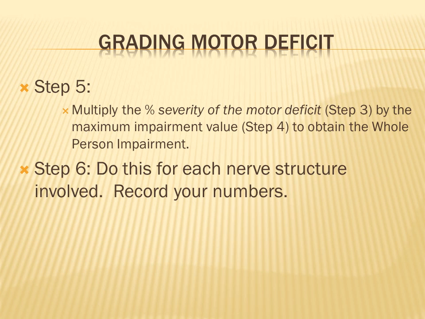Step 5, we multiply the percent severity of the motor deficit that we determined in step 3 by the maximum impairment value that we determined in step 4, and this gives us the whole person impairment value due to loss of motor function of the involved nerve. And in the case of multiple nerve involvement, we do this for each nerve structure involved and record our numbers.